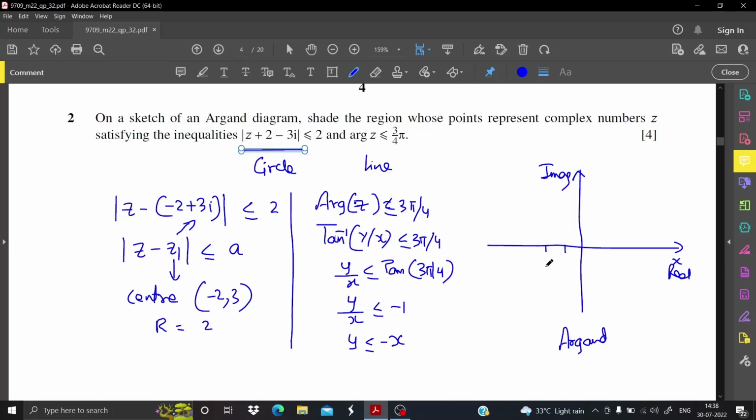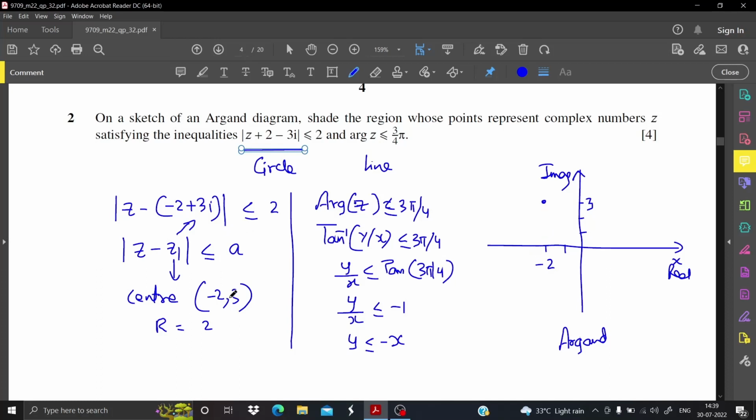Let's try to make a scale very close to accurate. So -1, -2, and 1, 2. I think it's as close as possible. So this is -2, and this is 3. Therefore, your center is this.